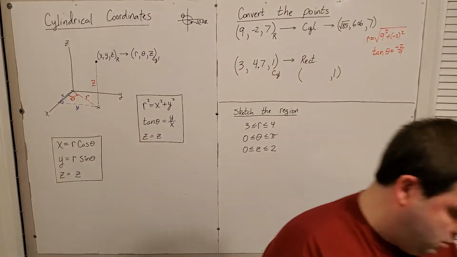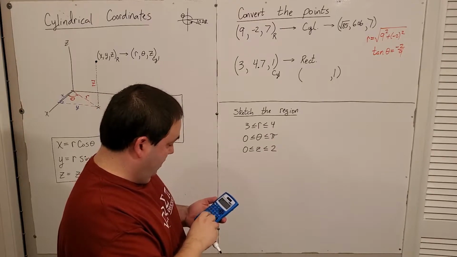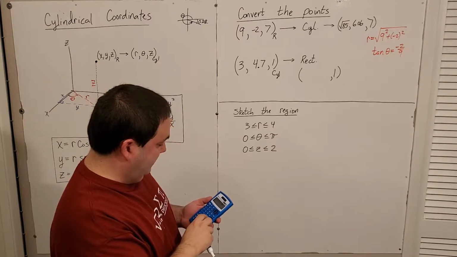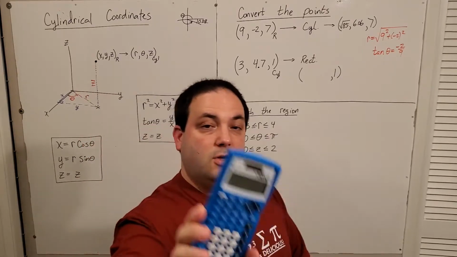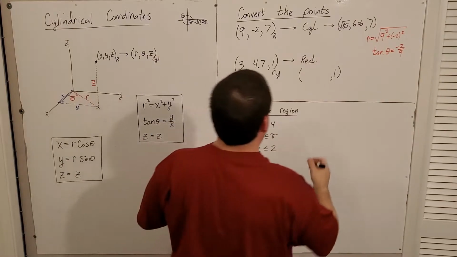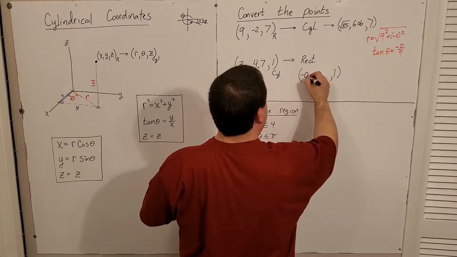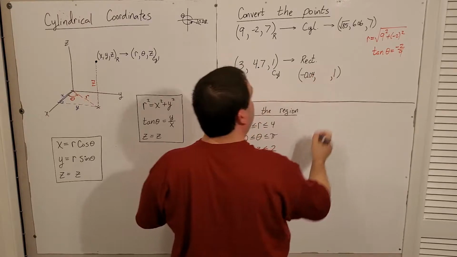So for the x component, I have 3 cosine 4.7, and I'm in radians, right? So 3 cosine 4.7 is going to give me negative 0.4. Let's just do 0.4.